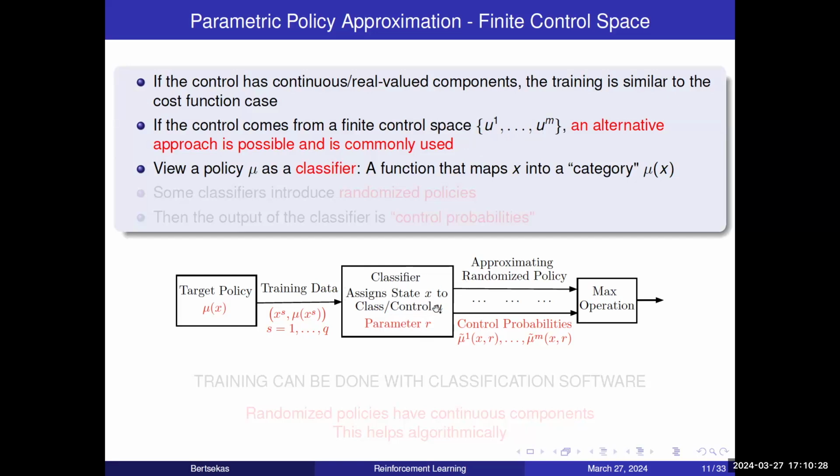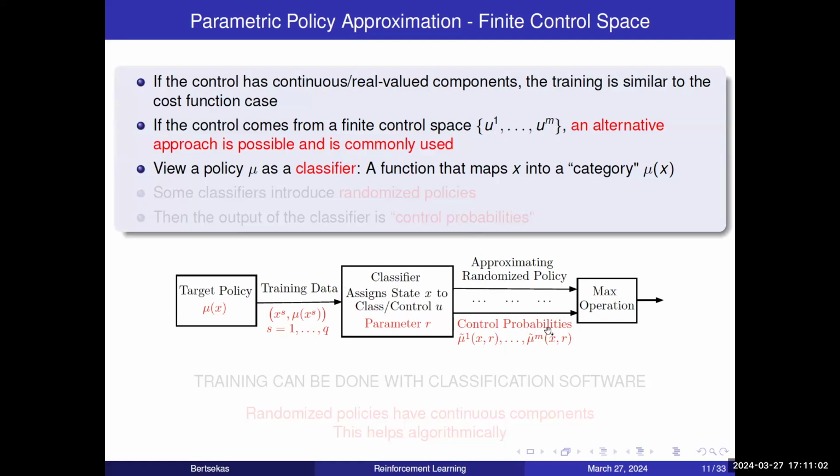After the training, we have the freedom to either just sample from this. In some cases, the trained classifier can be randomized, and then we may simply use this randomized policy. In other cases, the output most often is control probabilities, that is, a distribution over the control space.